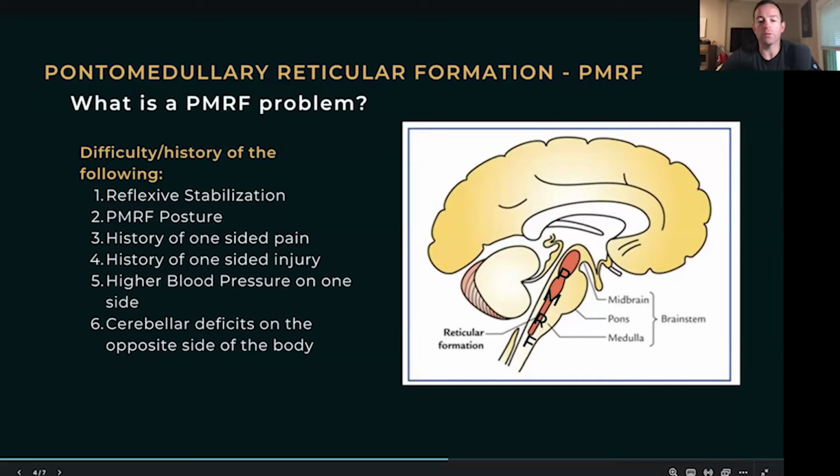I think most people understand what it means to be unstable, but they're not quite sure what reflexively unstable means. One of the roles of the PMRF is to reflexively stabilize you. Literally, your PMRF is in communication with your muscles to help you with reflexive stabilization. So this is the type of stabilization that is not so voluntary in nature.